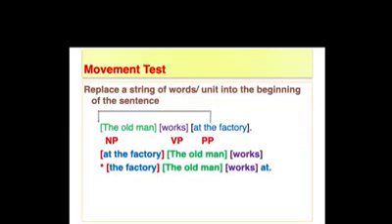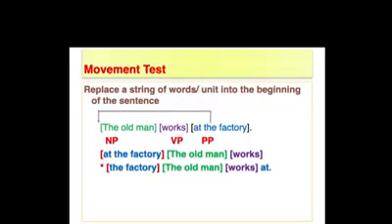How about the second movement test? When we move or dissociate at from the noun phrase, so we have the factory, the old man works at. Once we dissociate the preposition from the noun phrase, the sentence just loses its grammaticality.